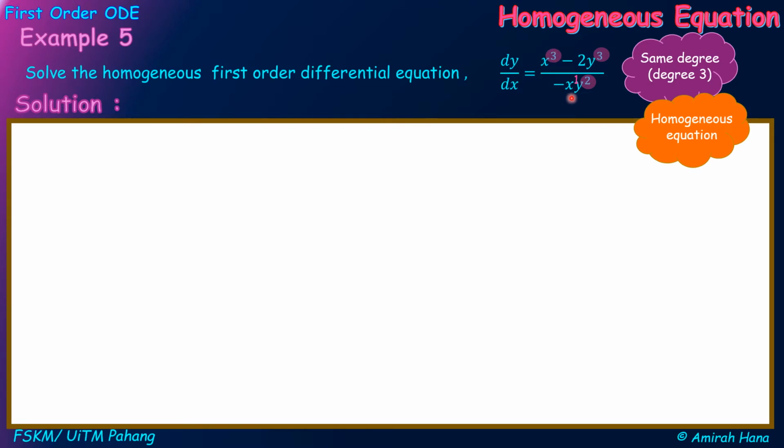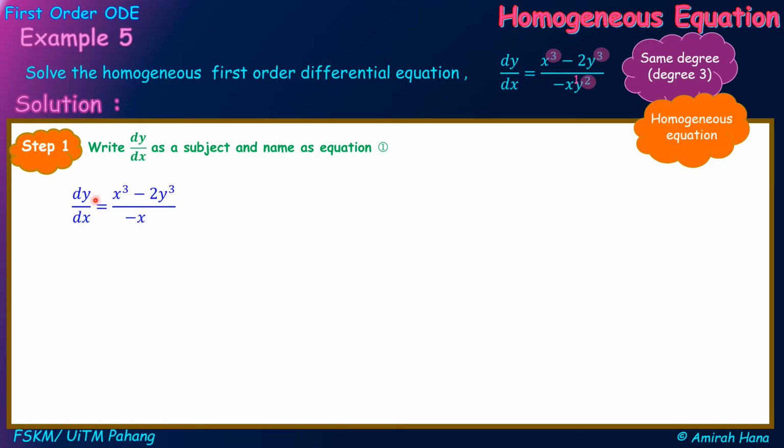To solve a homogeneous equation under first order ODE, first step, we need to write dy over dx as the subject and name it equation 1. From the given question here, we already have dy over dx as the subject. We have dy over dx equals x cubed minus 2y cubed over negative xy squared.